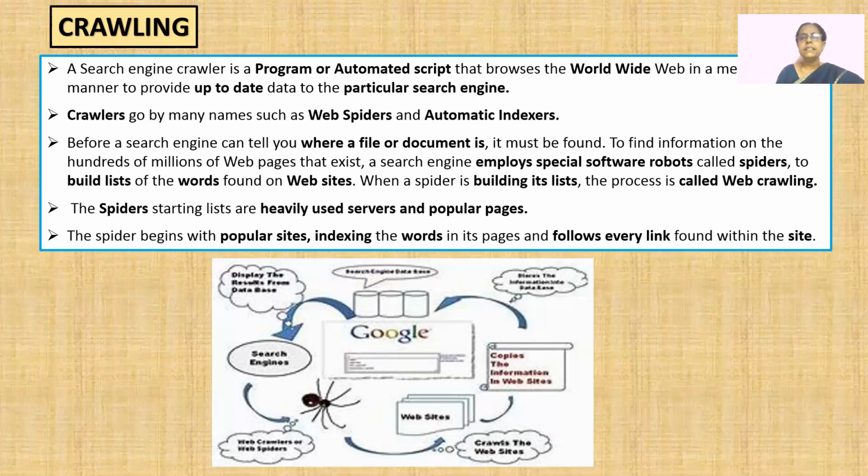So crawling is when special robots are employed to start searching, and they build a list of words that are found on the websites. This process of collecting all these words related to the keyword is called web crawling.